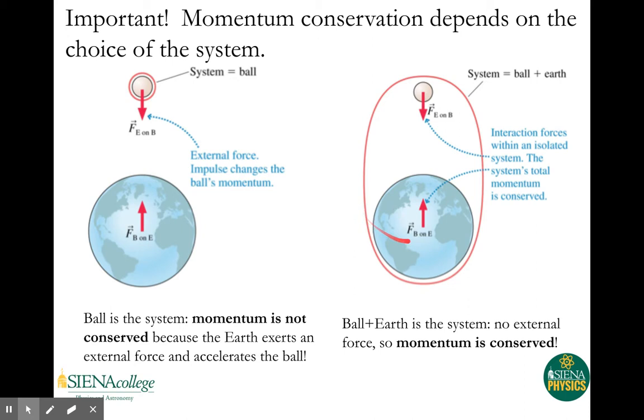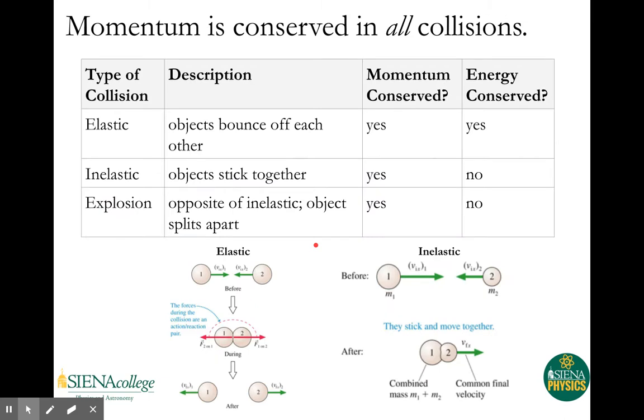And if our system here is the earth and the ball, then the total momentum of the system is going to be conserved, right? So the ball is going to gain some momentum. The earth is so big that we don't really see its corresponding change in momentum, but the system momentum will be the same.